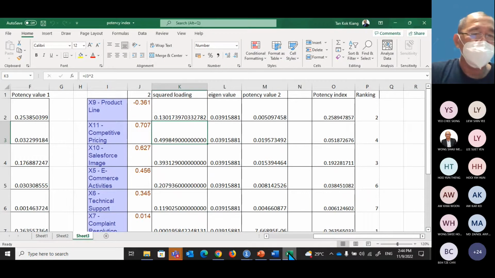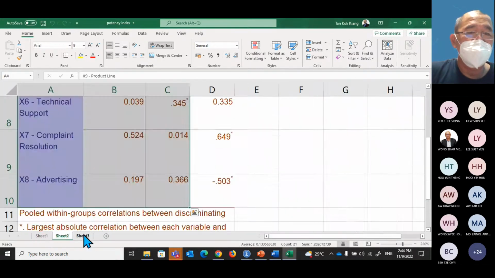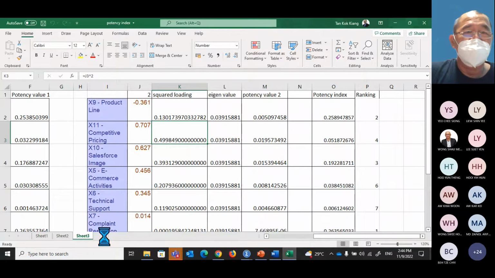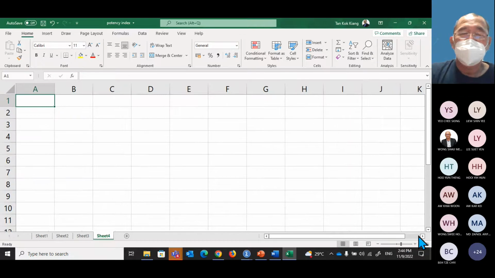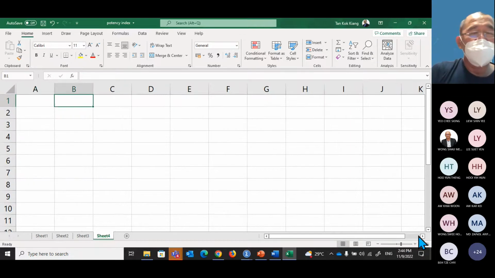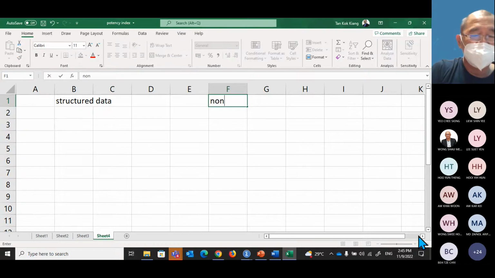maybe it's time that you should know the difference between structured data and non-structured data. Any topic that we learn in this module must use structured data. But of course, you should also be good at non-structured data.